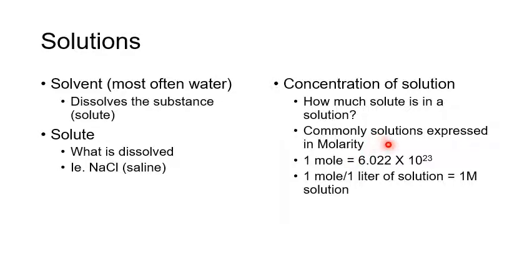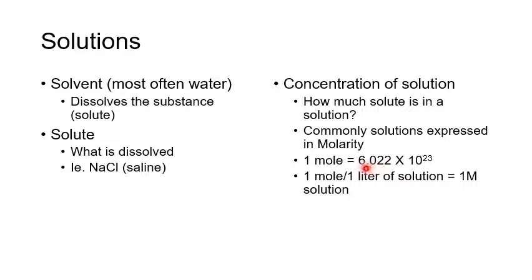When we look at our atoms, if we have 1 mole of atoms, could be any atoms, 1 mole comprises 6.02 times 10 to the 23 atoms. Okay. If you put that many, 1 mole, into 1 liter, so 1 mole over 1 liter equals 1 molar concentration.